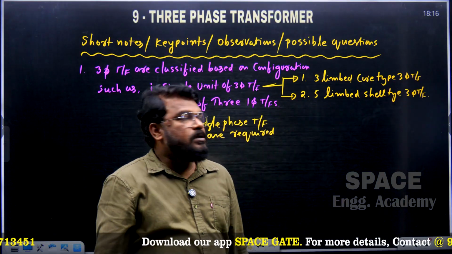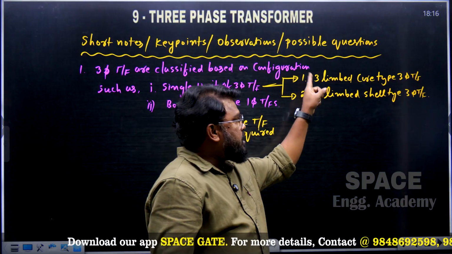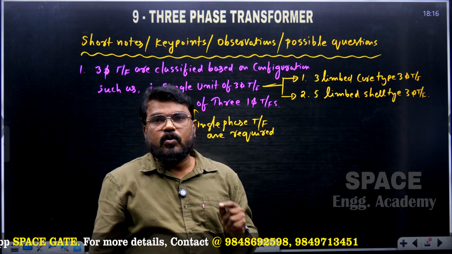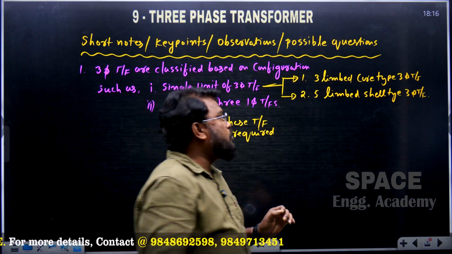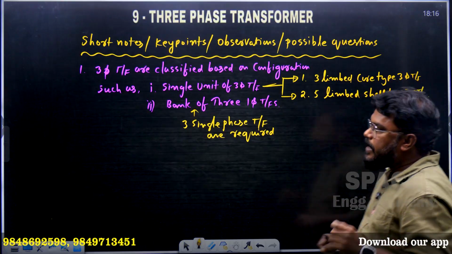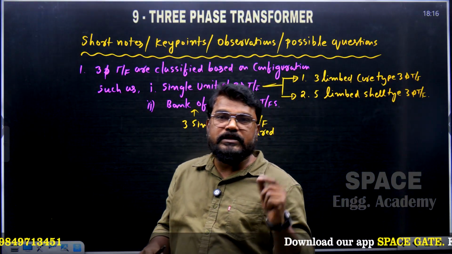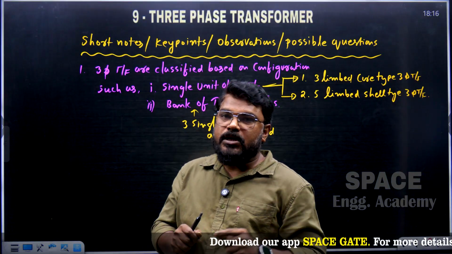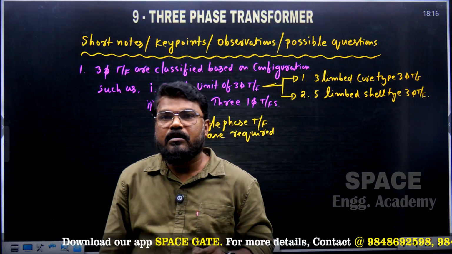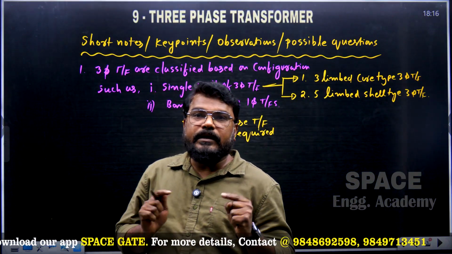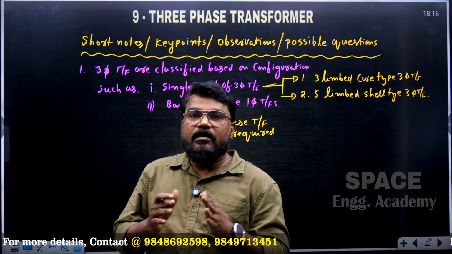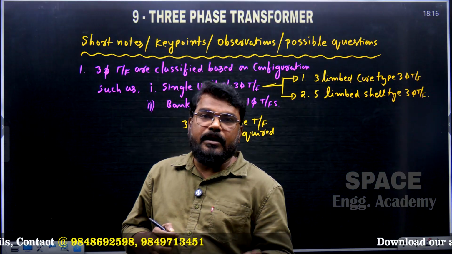Sometimes we have a question on the construction of the three-limbed core type three-phase transformer and the five-limbed shell type three-phase transformer. The construction of the three-limbed core type transformer is similar to the single-phase core type transformer, and the construction of the five-limbed shell type three-phase transformer is similar to the single-phase shell type transformer. In a single unit of three-phase transformer, the phases are electrically connected either in star or delta, and also magnetically coupled.